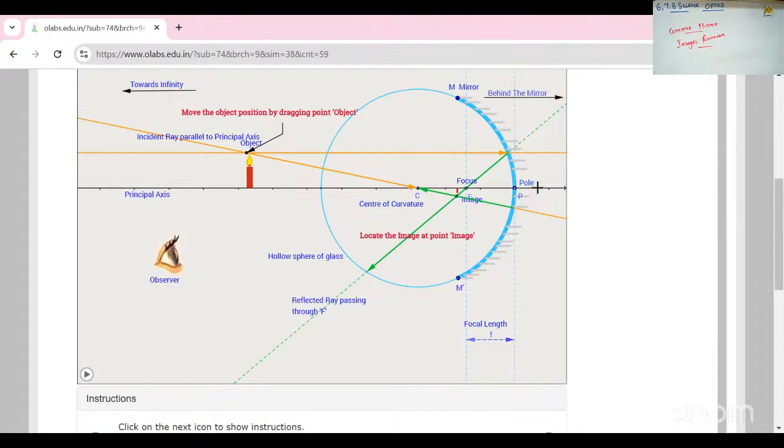First, think about reflection. What is reflection? Reflection means the light travels in one medium.